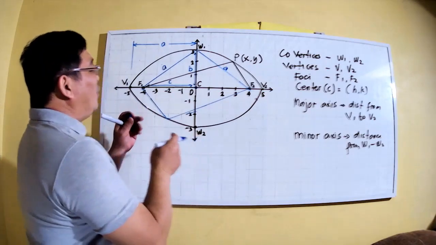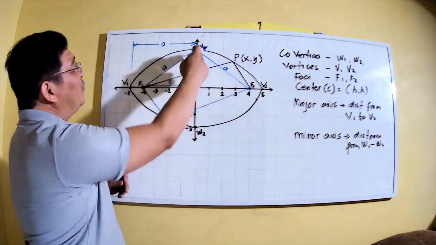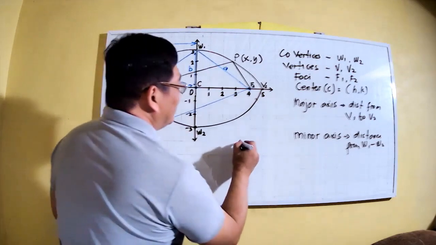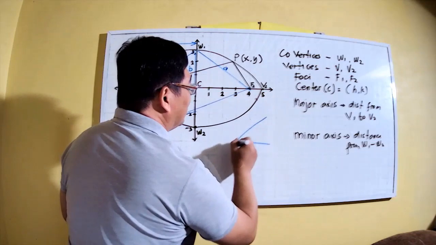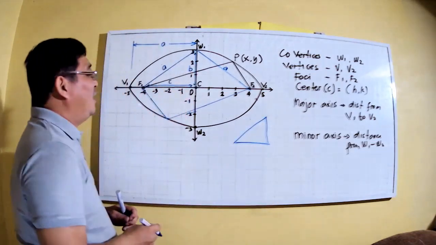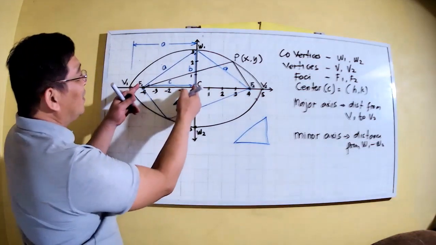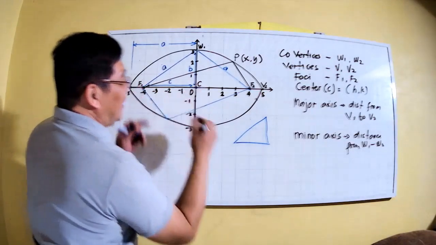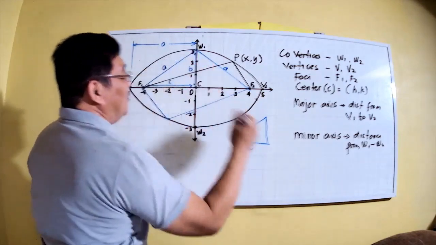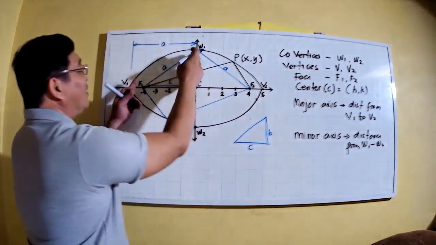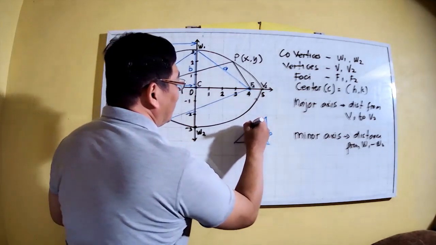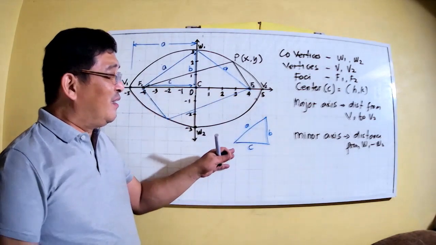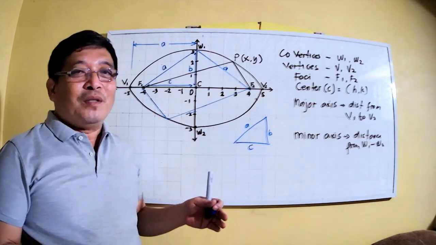And then, if you're going to look at the blue color lines, we have a triangle. I'm going to label it as this stands for the base, which is C. The height is B. And the hypotenuse is A. If you are going to look at this triangle, you will see that this can be a formula for Pythagorean theorem.